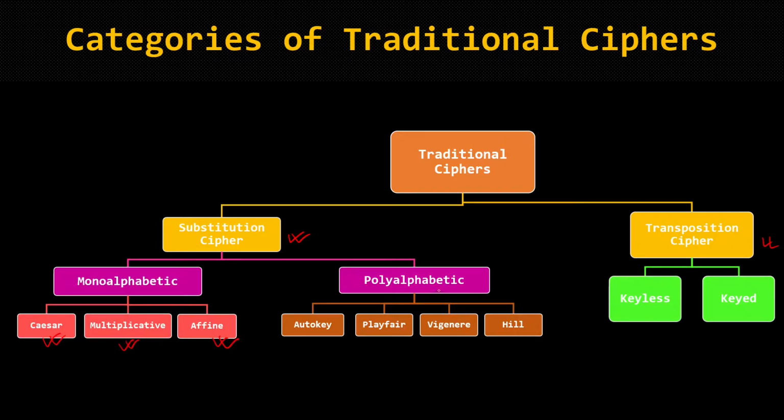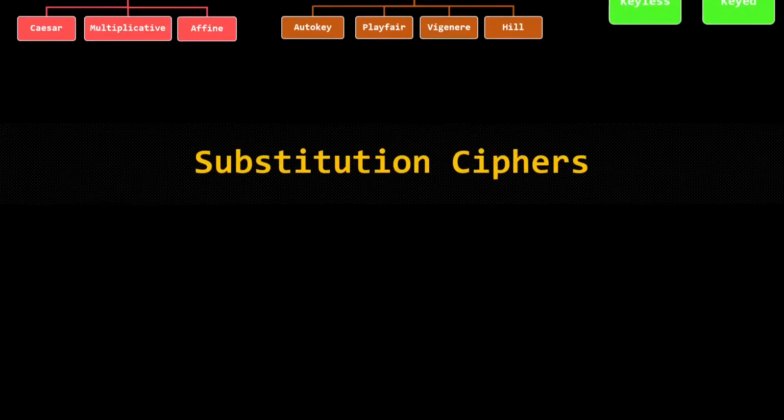The polyalphabetic cipher can be divided into the Auto-key cipher, Playfair cipher, Vigenère cipher, and Hill cipher. There are other polyalphabetic ciphers, but we are going to see only these four. The transposition cipher can be divided into two parts: the keyless and the keyed transposition cipher. Moving on, we will see what all of the ciphers do and how they work.